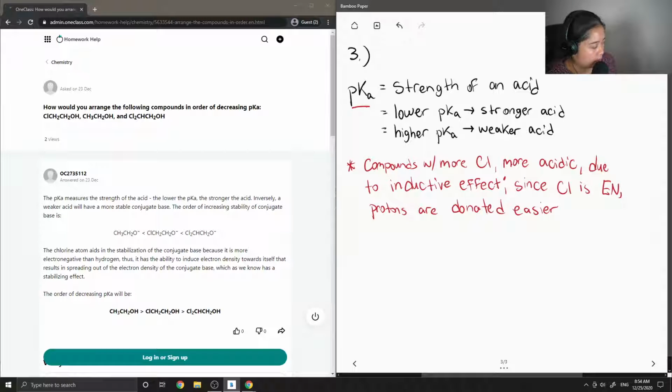So if we were to arrange the compounds in order of decreasing pKa, let's start at high to low. The acid without any chlorines would have the highest pKa.